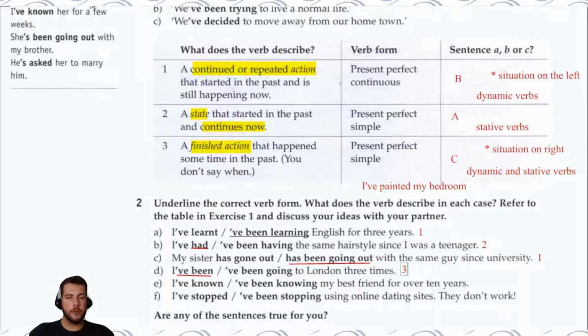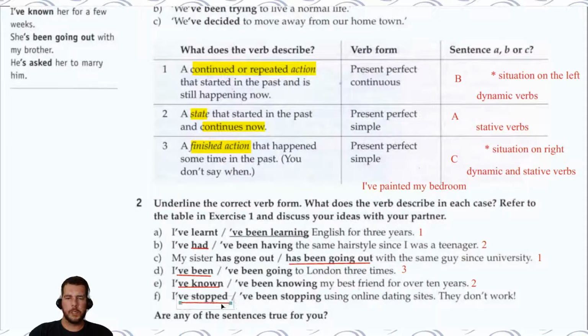Okay, now E. I've known my best friend for over 10 years. This is the present perfect simple, and here we have a state because know is a verb of the mind and it is stative. Okay, now F. I've stopped using online dating sites.